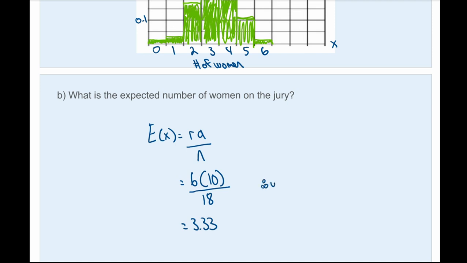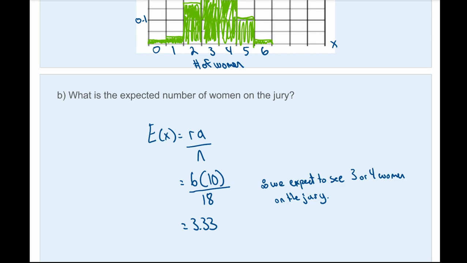So therefore, we expect to see, say, 3 or 4 women on the jury. Again, because it's kind of that decimal value, so you could argue one or the other in between there. 3 or 4 women is what we expect to see.